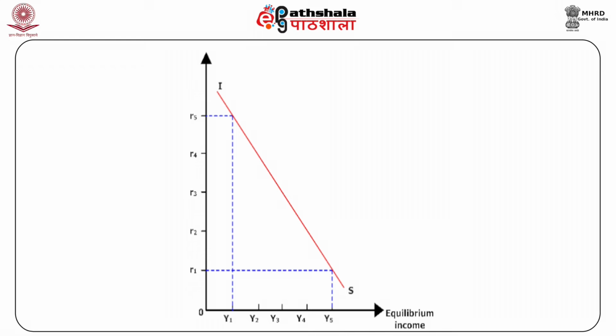So, if we join these 2 points, that is R5 Y1 with another point, that is R1 Y5, then we arrive at an IS function. As you could now see in the diagram, the investment-saving function, that is the IS function, is downward sloping, and it is relating these 2 points with each other.